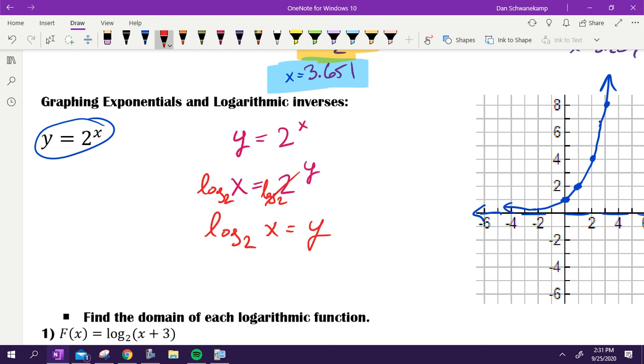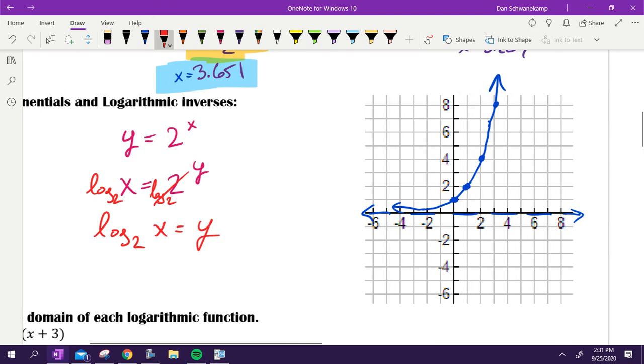Okay. We've done this enough now. We should know the basic shape of a log graph. Log graphs have a vertical asymptote. This one's going to be at 0. So I can go ahead and draw my vertical asymptote at 0. It's not been shifted up and down. It's not been shifted left and right. And so where's my anchor dot going to be? 1, 0, 1 to the right.